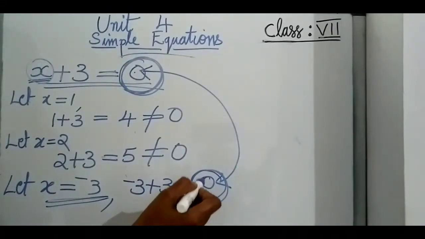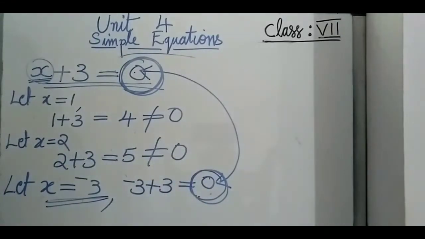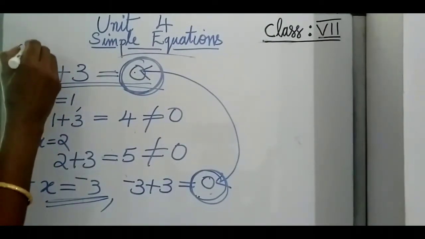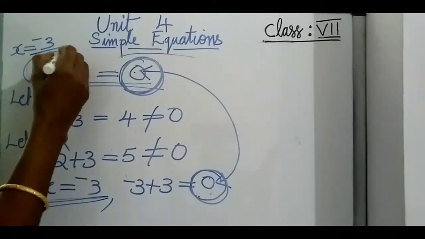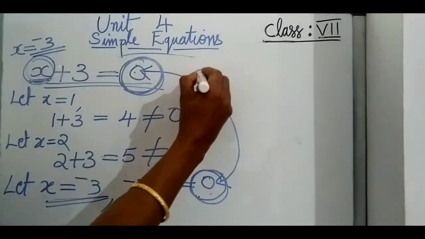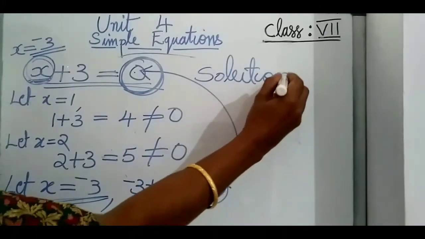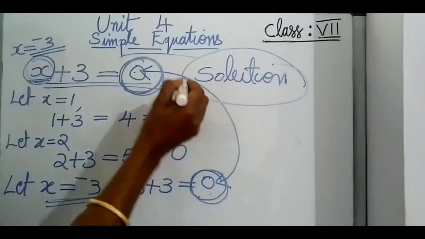Now we got the same value 0. So, we can say that in this equation, x equal to minus 3 is a solution of the equation.